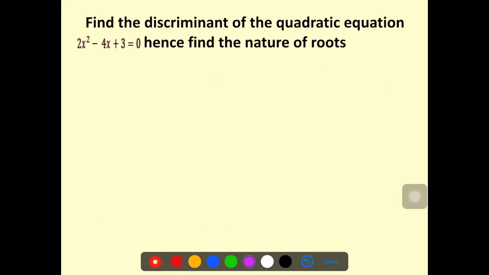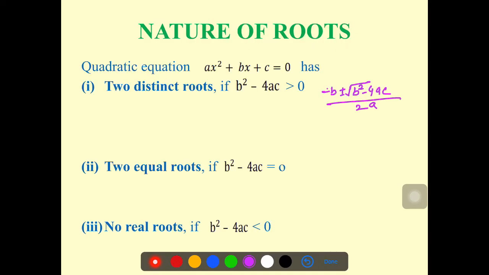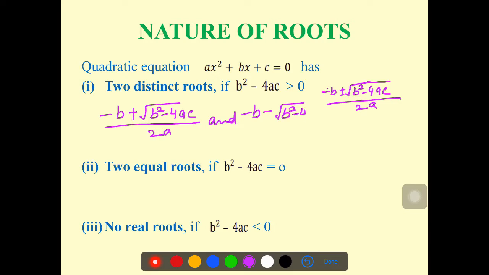If b square minus 4ac is greater than 0, then the roots are minus b plus root b square minus 4ac by 2a and minus b minus root b square minus 4ac by 2a. These are two different roots, distinct roots, meaning roots are real and distinct if b square minus 4ac is greater than 0.